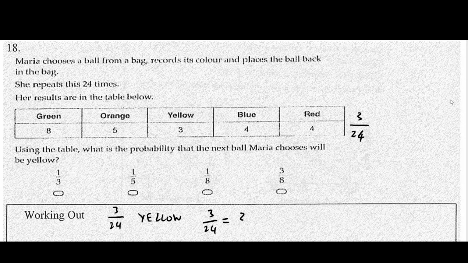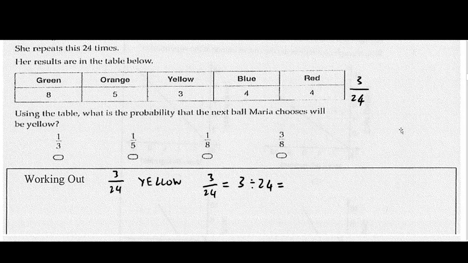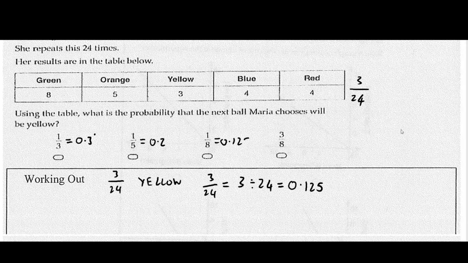Now, 3 over 24 equals 3 divided by 24. I can type that straight into my calculator. 3 divided by 24, which is 0.125. And now, let's look at what these fractions are. 1 over 3 is 0.3 recurring. 1 over 5, we just did that earlier, that's 0.2. 1 over 8 is 0.125, and 3 over 8 is 0.375.